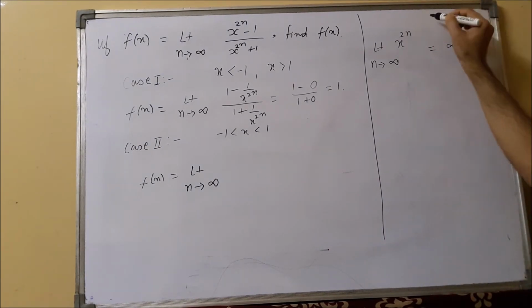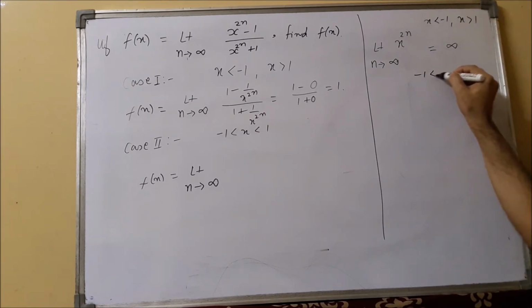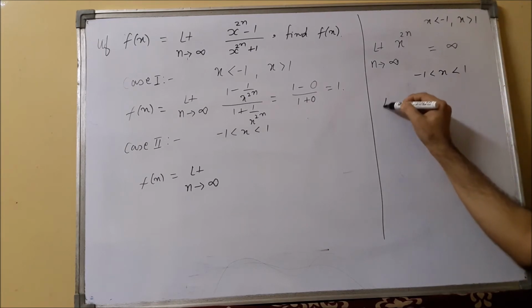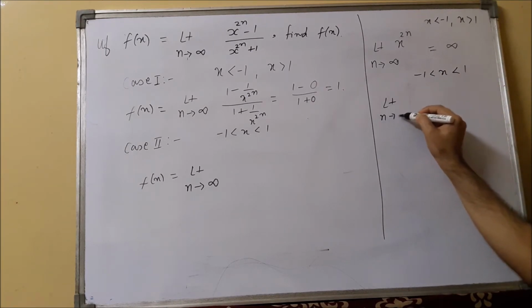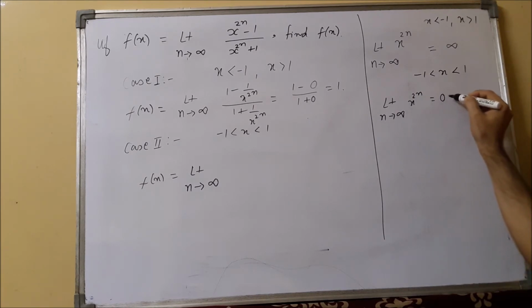In the previous case x was either less than minus 1 or more than 1. In this case now x is lying in between minus 1 and 1. So limit n approaching to infinity, x raised to the power 2n, this will approach to 0.